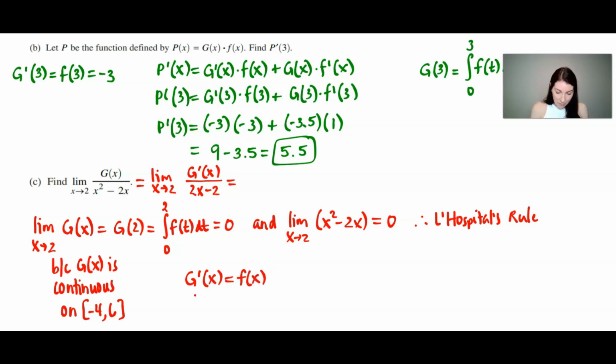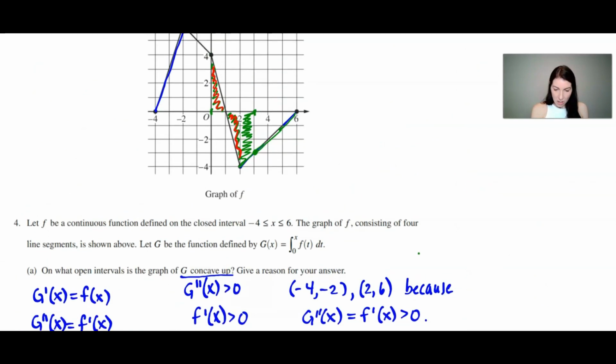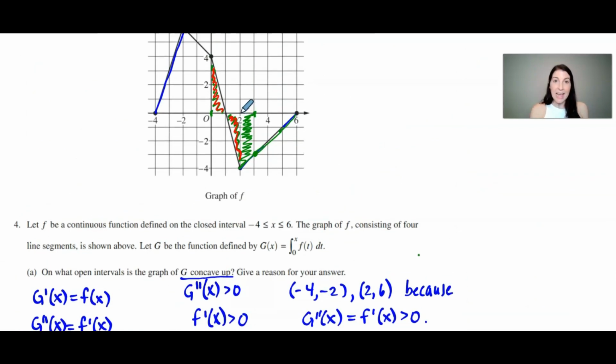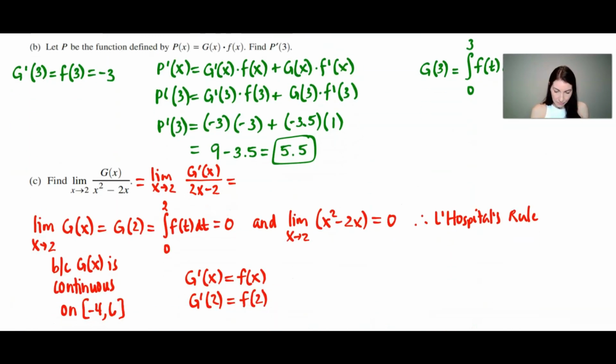So g prime of 2 then would be the same as f of 2, or evaluating up here the function at 2, because this is the f function, and we can see that we get a value of -4. So I would have negative 4 divided by, if I plug in 2 to the denominator using direct substitution, I get 2. So as you can see here, I get a final answer of negative 2.